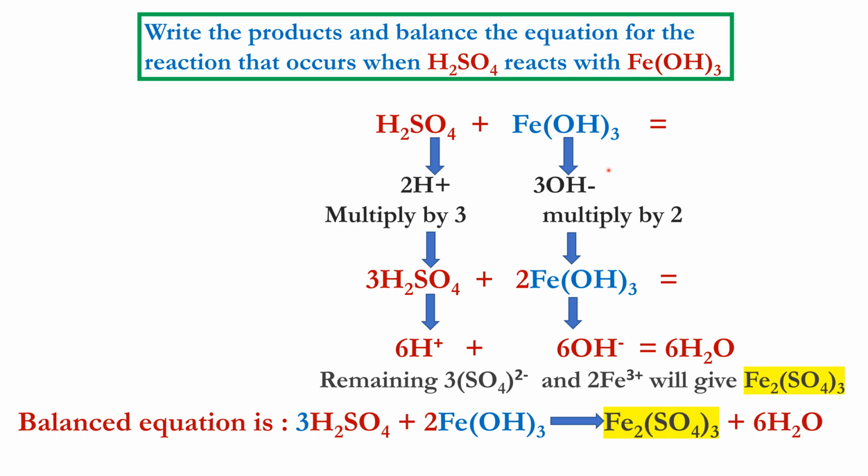Once you balance them, you combine the hydrogen ion and the OH ion to get one of the products of the reaction, and when you combine the remaining elements, you get the remaining product. This is how to balance neutralization equations.